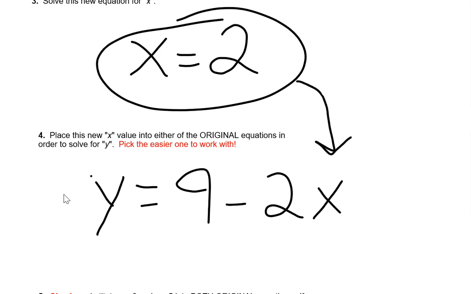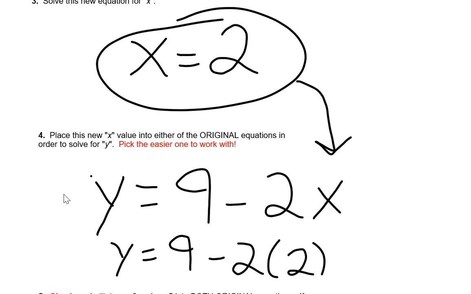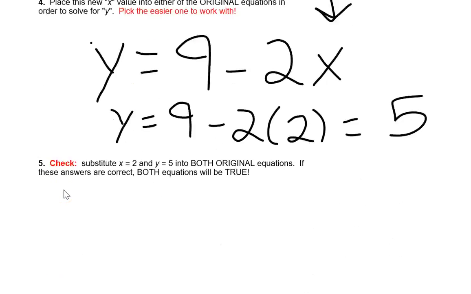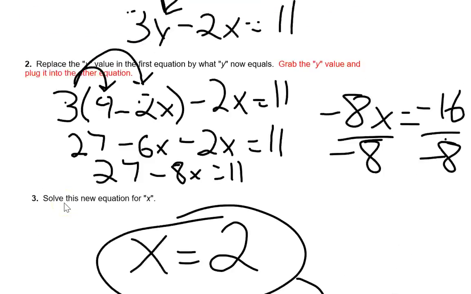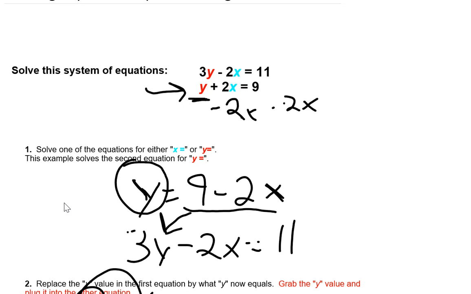I'm going to plug in 2 for my x here, so I'll have y equals 9 minus 2 times 2, which is going to give me 9 minus 4, which will give me a 5 for my y value. So if x should be equal to 2 and y equals 5, I can look right back at my original equation, which was 3y minus 2x equals 11.